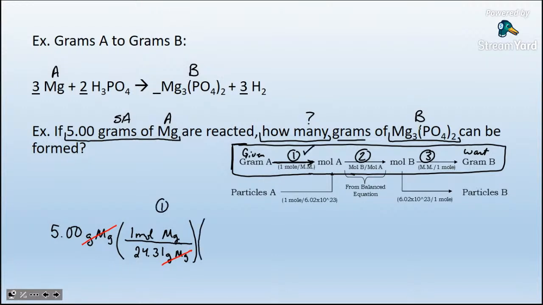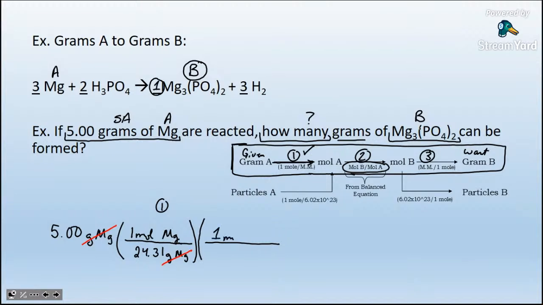Step 2 is where we're going to go from moles of A to moles of B. And again, if we're looking at the roadmap, moles of B, so my substance B in this case is my magnesium phosphate, and it has a coefficient of that unwritten 1.